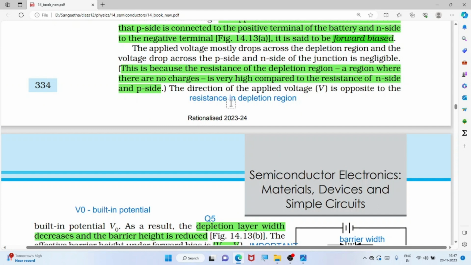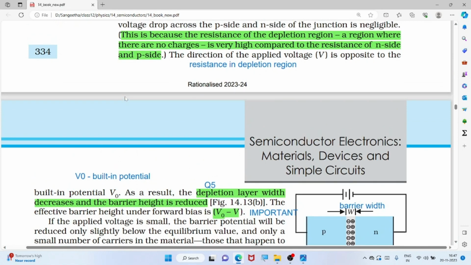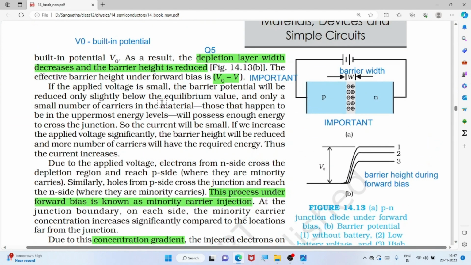The resistance of the depletion region is very high compared to the resistance of the n side and p side. The resistance of the p side and n side is much less than the resistance at the depletion region. So in forward bias, the barrier potential is V0 minus V, where V0 is the built-in potential and V is the applied potential.